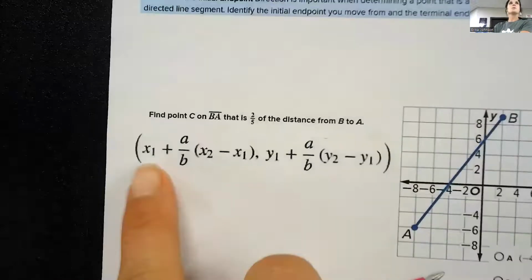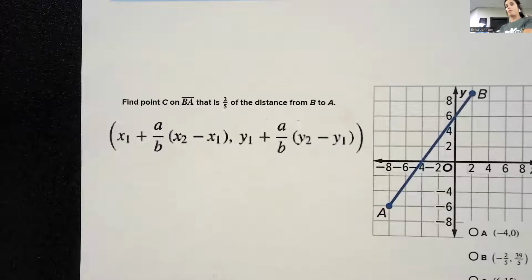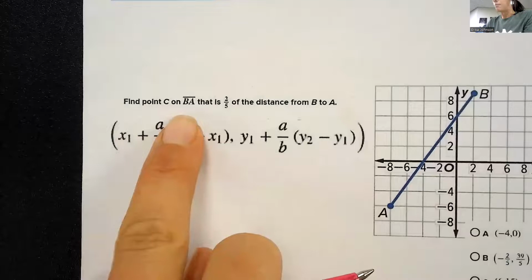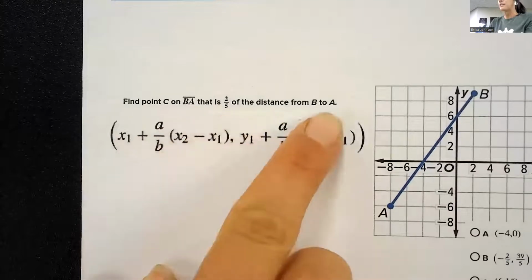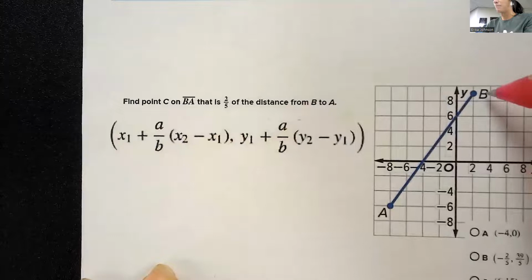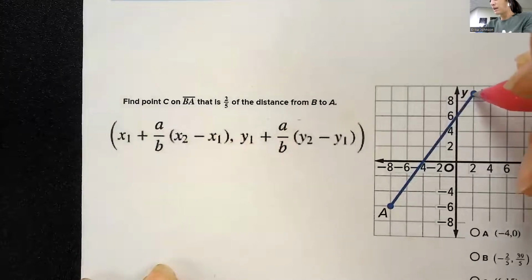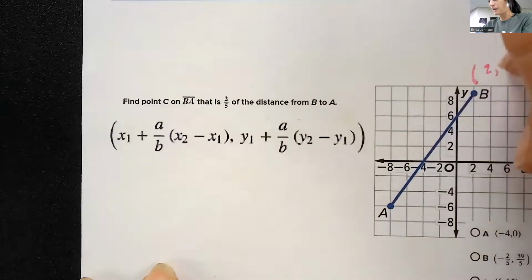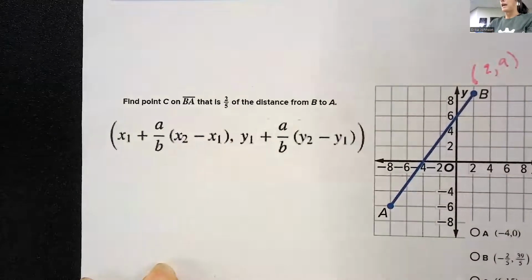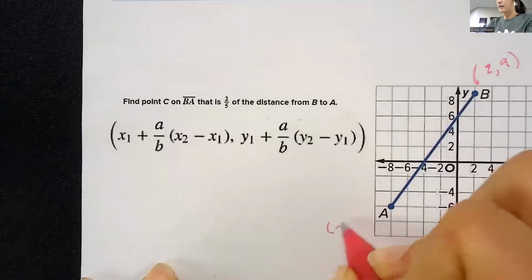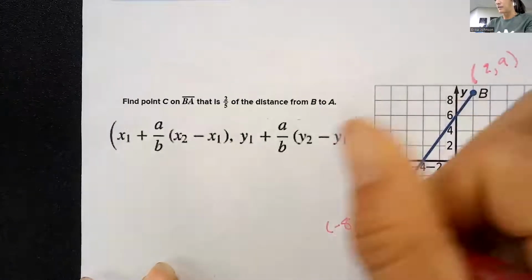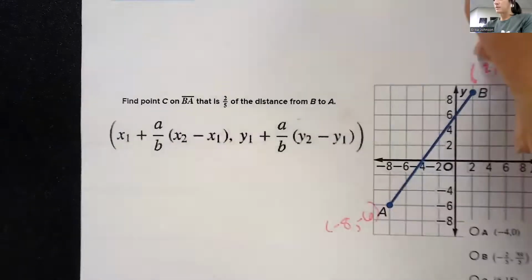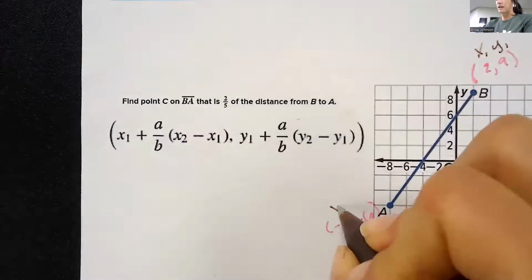All right, this one, we're going to plug it in, but then we're going to use our calculator to find both X and Y for us. So the first one says find point C on BA that is 2/5 the distance from B to A. So this time we're starting at B. B is right up here at 2, 9, and A is over at -8, -6. So B is X1 and Y1 this time, and A is X2 and Y2.